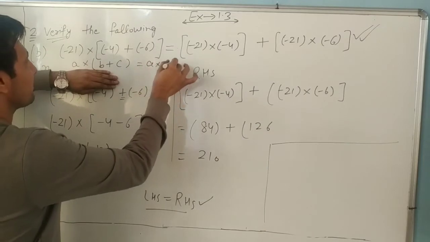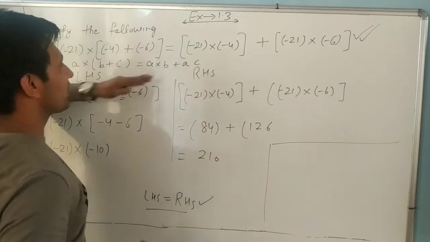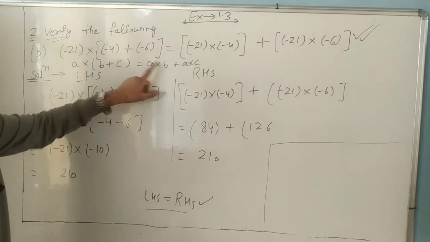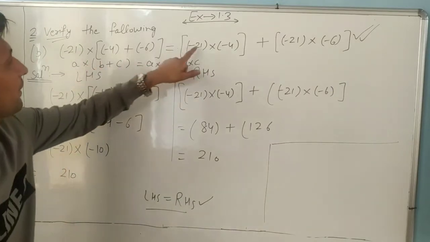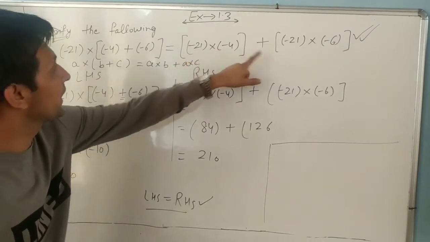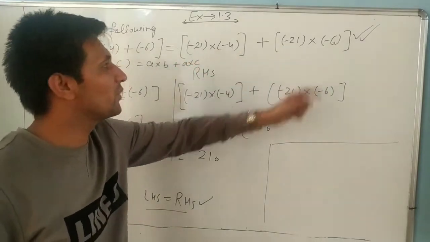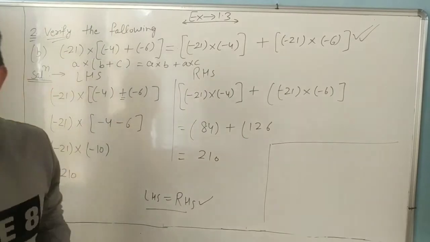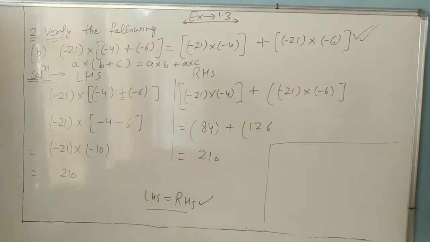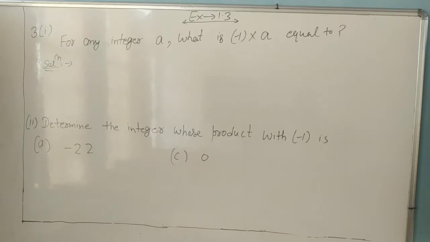A into B plus A into C. You can check it: A is minus 21, B is minus 4, plus A and C. So we are using the distributive property here. Now note it down, it is your answer. Next question.